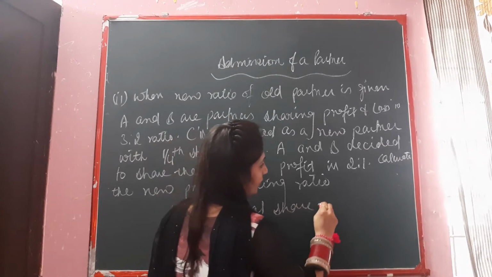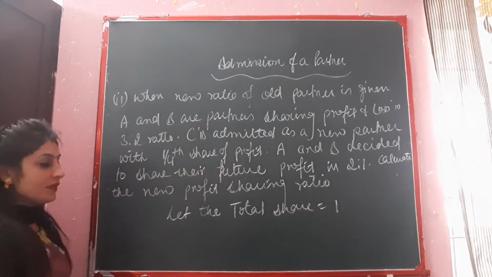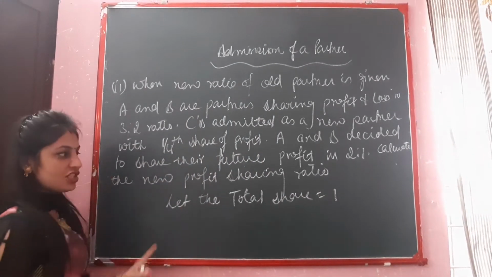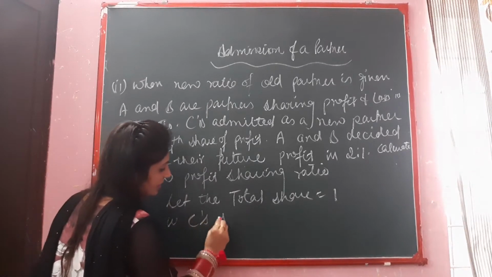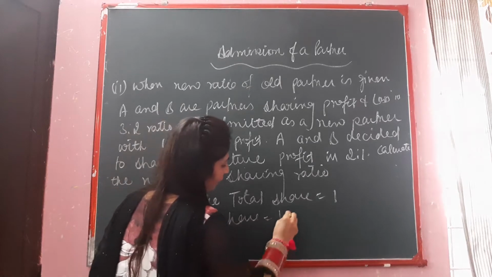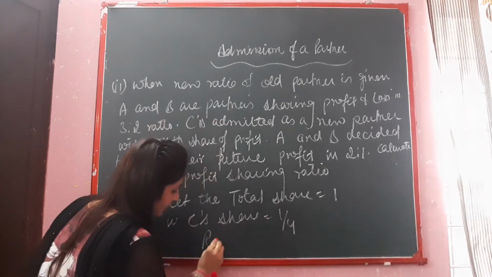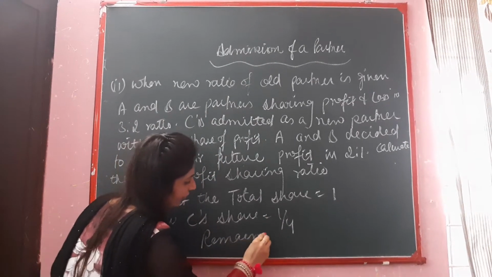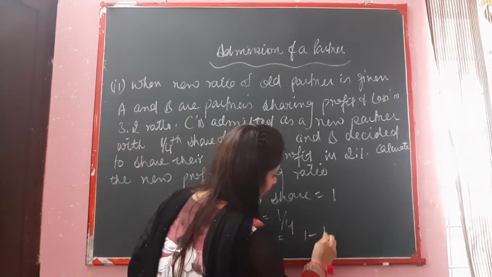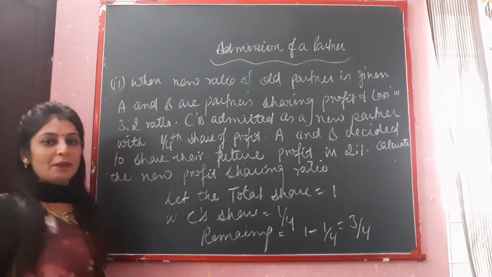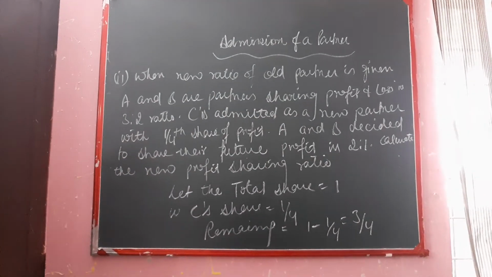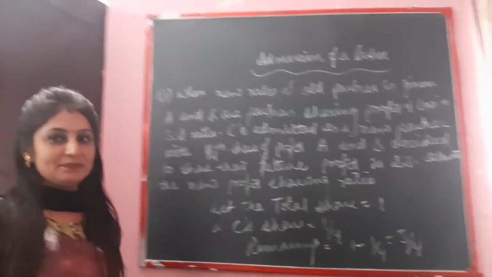Now we will deduct the new partner's share. C's share is 1/4. We will deduct C's share from 1, and the remaining share, that is 1 minus 1/4, 3/4, will be divided among the old partners in their future ratio, right?